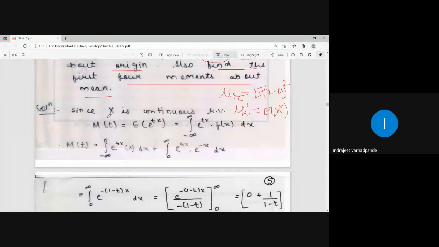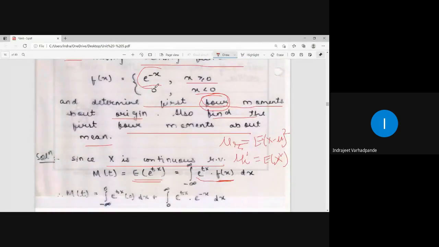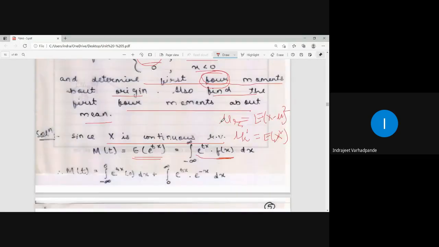Accordingly, since x is a continuous random variable, M x of t is expectation of e to the power tx. And what is expectation of e to the power tx? It is given by the integral of e to the power tx into f of x dx. But our function is e to the power minus x, which is only defined for x greater than or equal to 0.